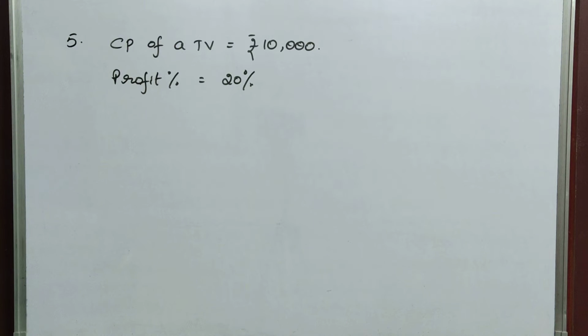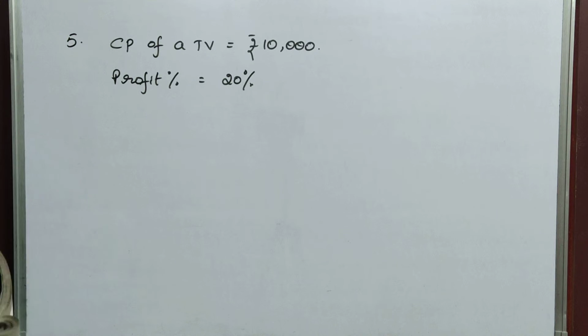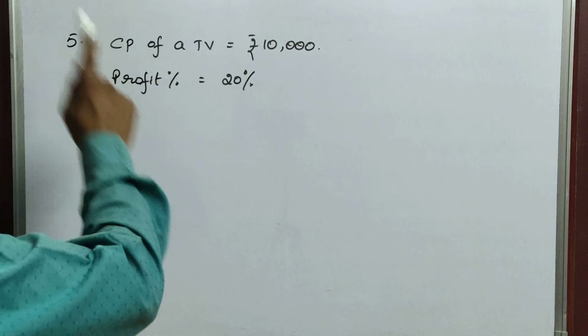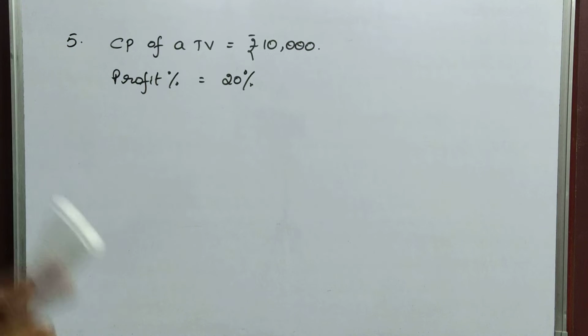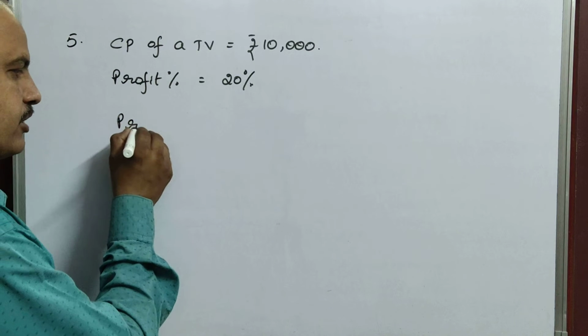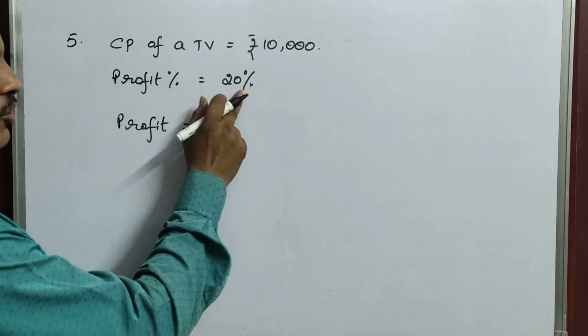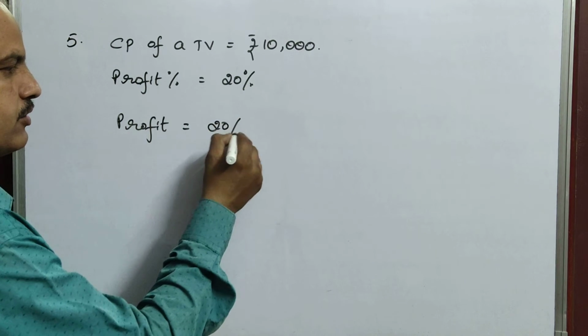Actually we have the formula: selling price equals CP plus profit. But where is the profit here? Here we have profit percentage, we don't have the profit. So first find profit. Profit equals, profit percentage is how much? 20%.